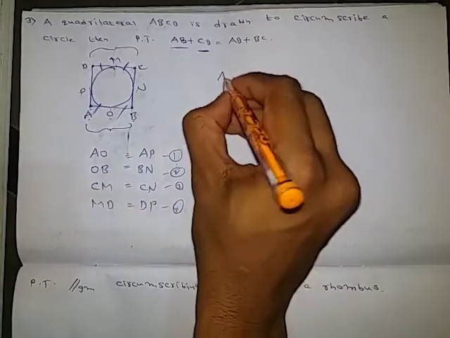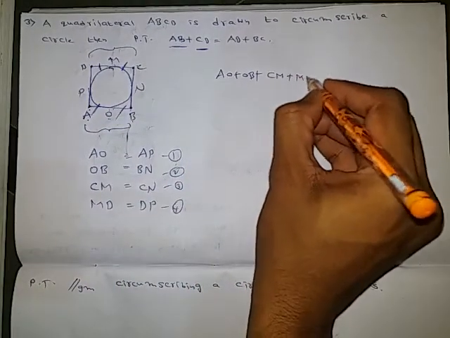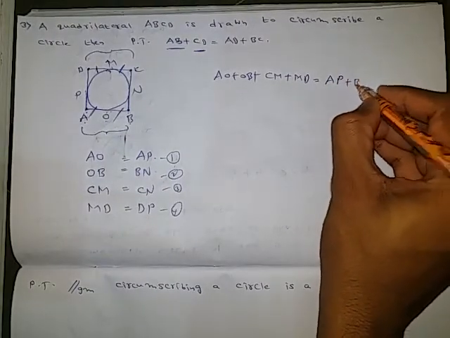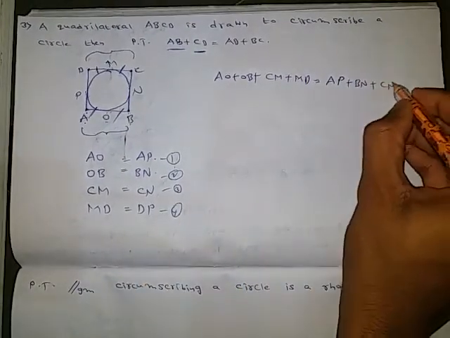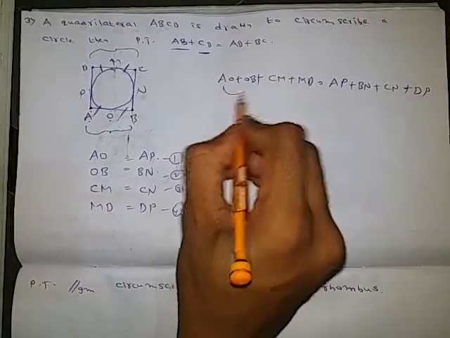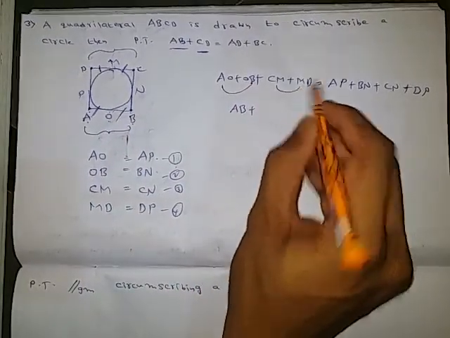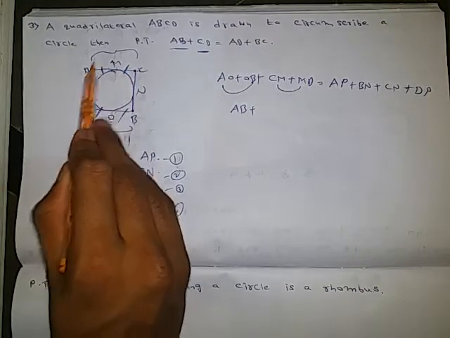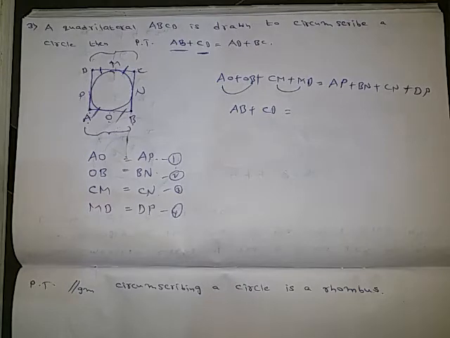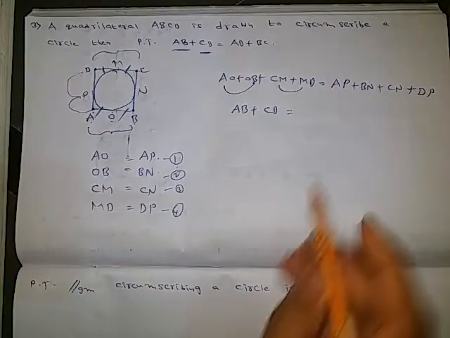AO plus OB plus CM plus MD is equal to AP plus BN plus CN plus DP. AO plus BO, AB, plus CM plus MD, CD, is equal to AP plus DP.